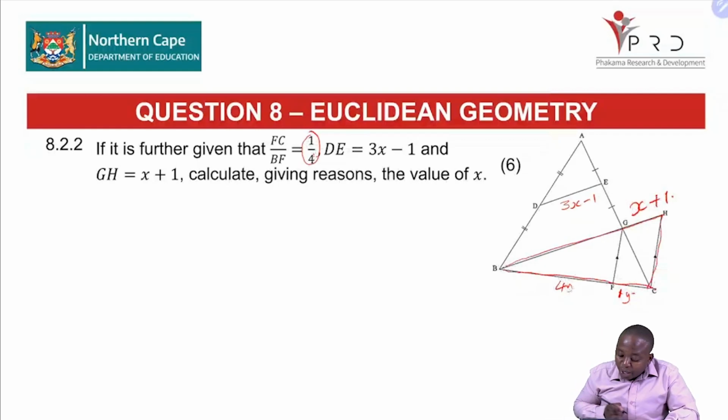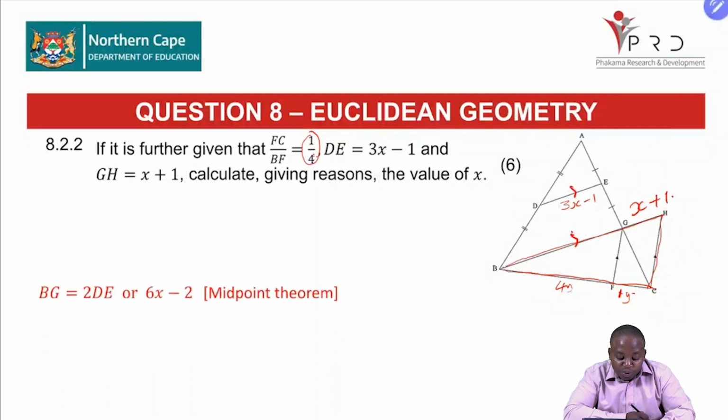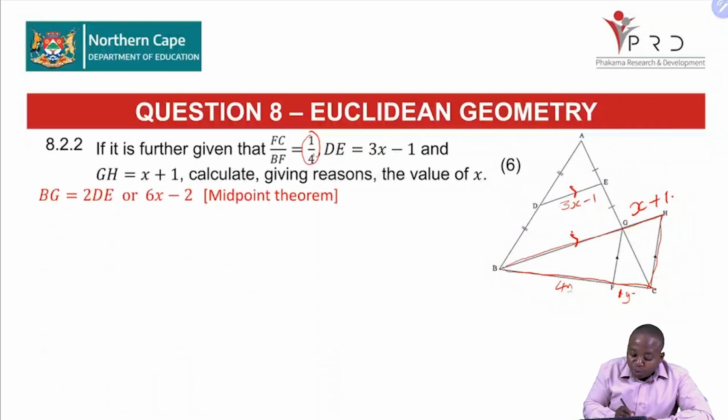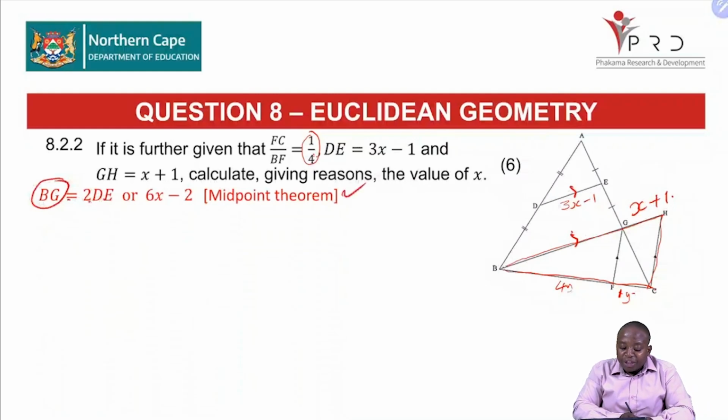Let's see that. But what do we see? We remember that these two lines are parallel. What do we know? We know that BG is going to be twice DE. That's how we're going to find our BG. That's the first thing we're going to do. We are going to say BG is twice DE. Why? Because of the midpoint theorem.